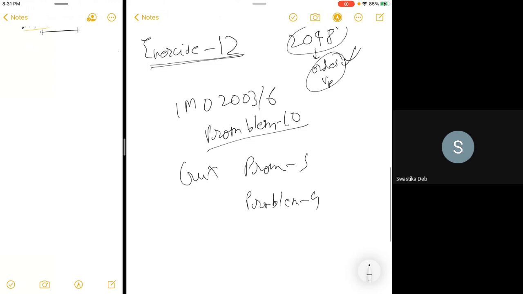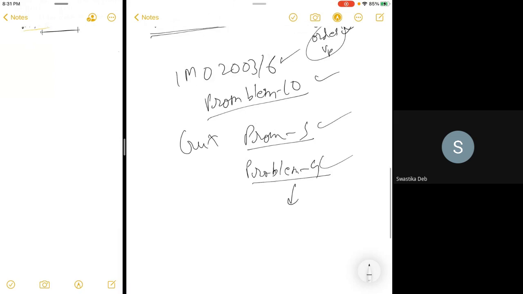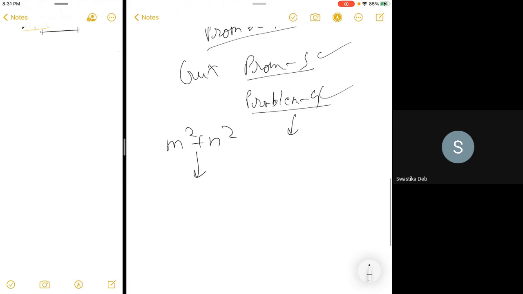Do try at least these 5. These are really nice. And problem 4 will use Fermat's Christmas theorem, which we just proved, that m square plus n square has all factors, one more.